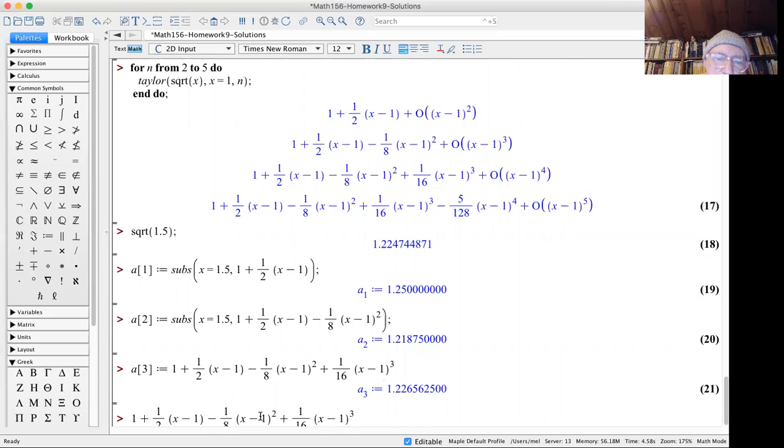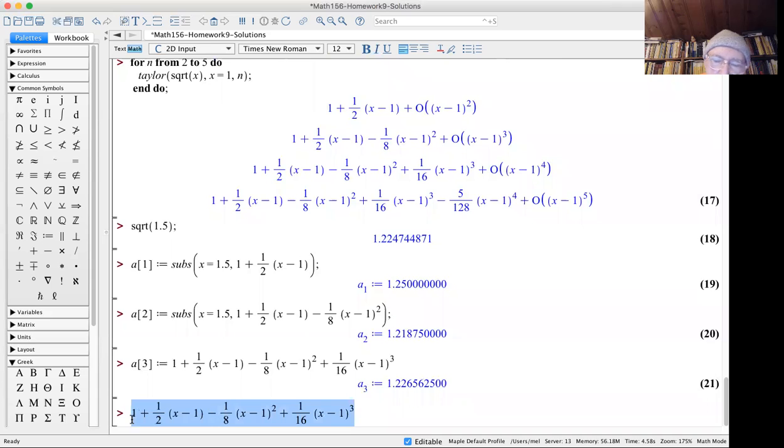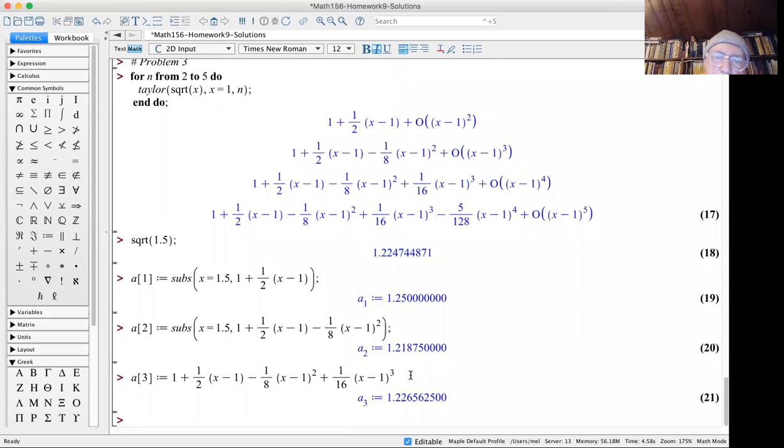So what I want to do is substitute x equal 1.5 into this expression.